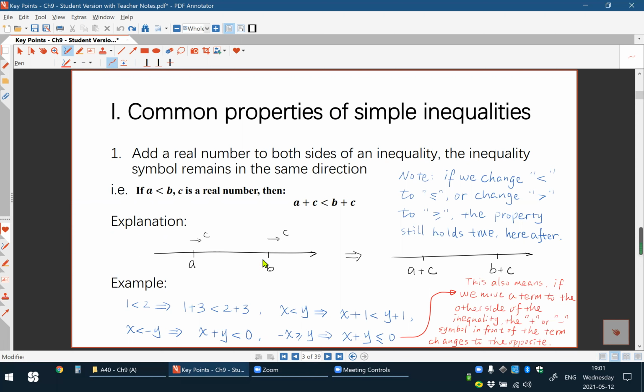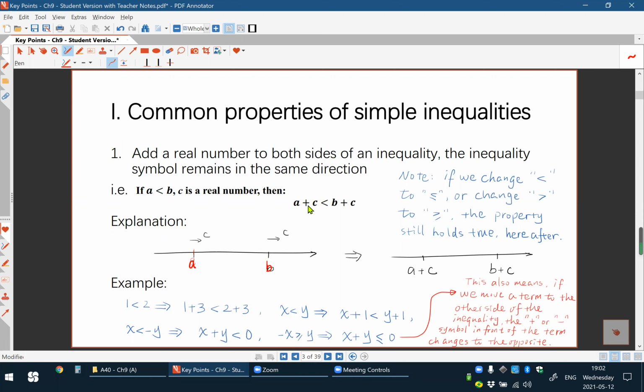Suppose we have a number axis, and if A is smaller than B, we have A here, right? And because B is larger than A, B is somewhere at the right-hand side of A, right?